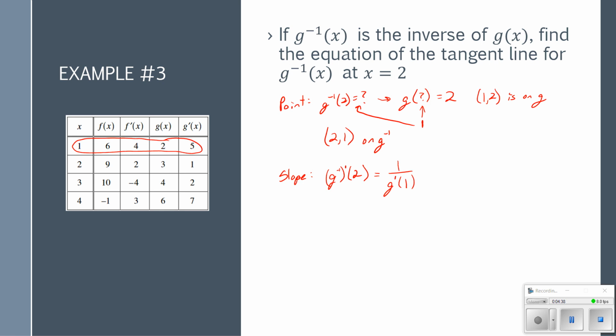So I need g prime of 1, which, looking at my chart, is 5. So my slope is 1/5. So then my tangent line is going to be y minus 1 equals 1/5 times the quantity x minus 2. And there's my tangent.